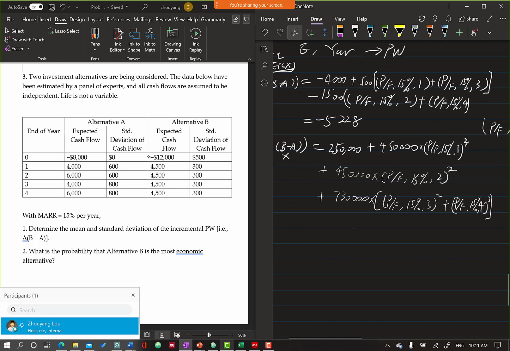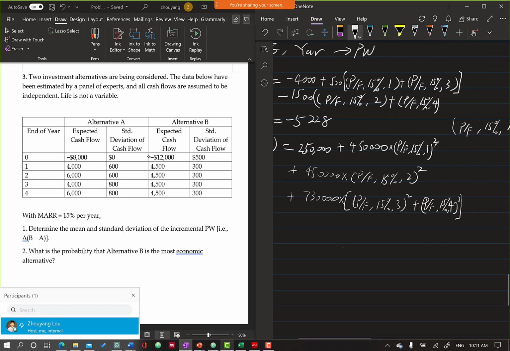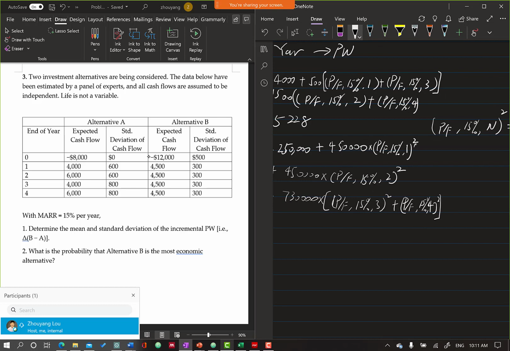So instead of writing the square sign there for the p given f factor, this is just for the p given f factor. For other factors, you have to check the derivation. It may not apply. So that's equivalent, and this guy is equivalent to 4 years, and this equivalent to 6, and equivalent to 8.